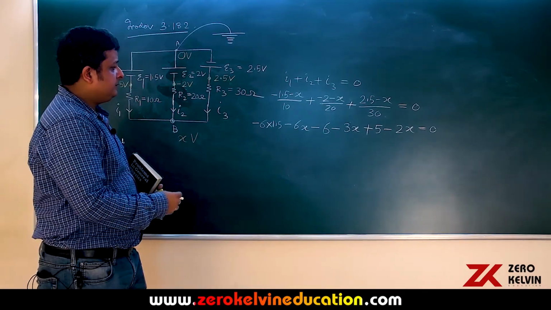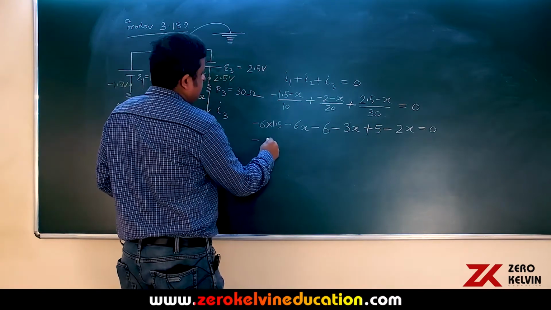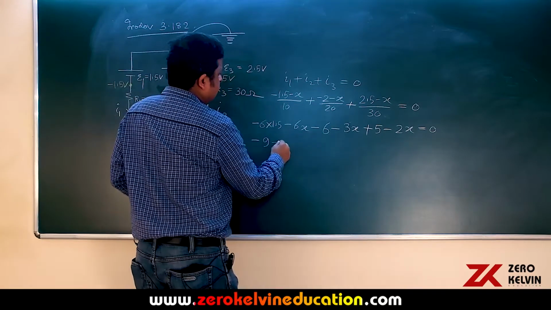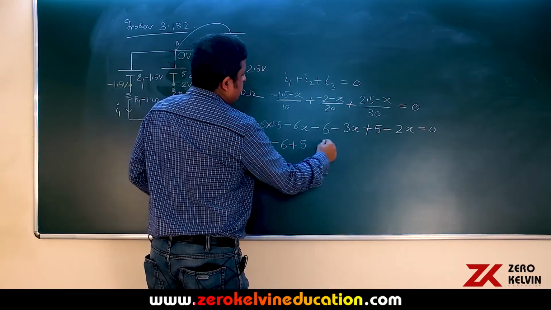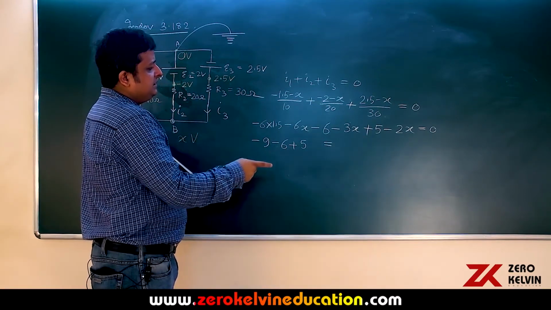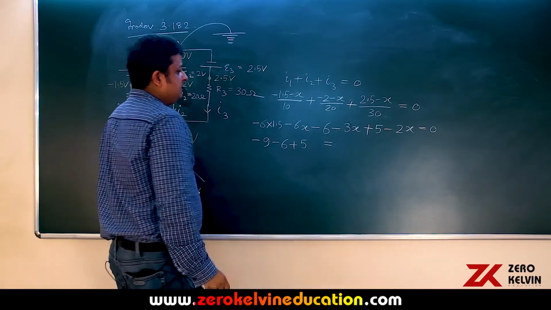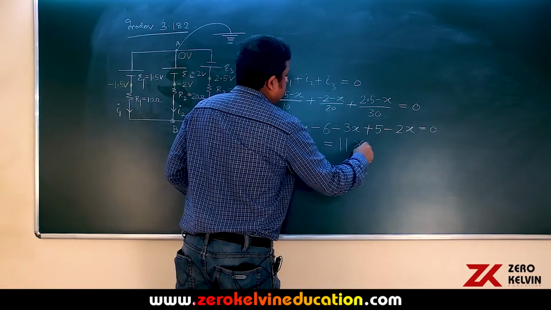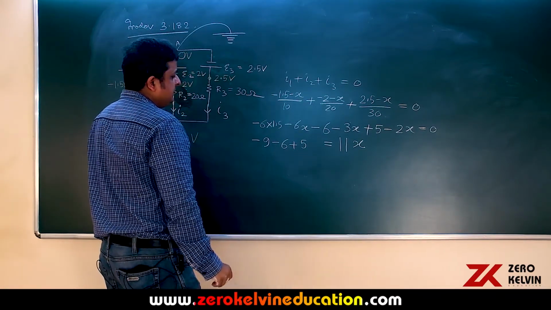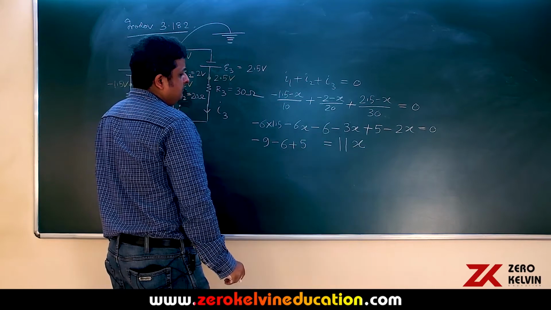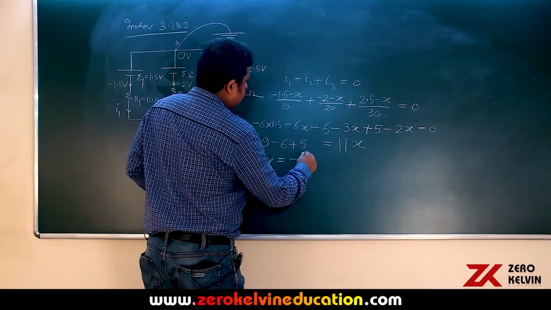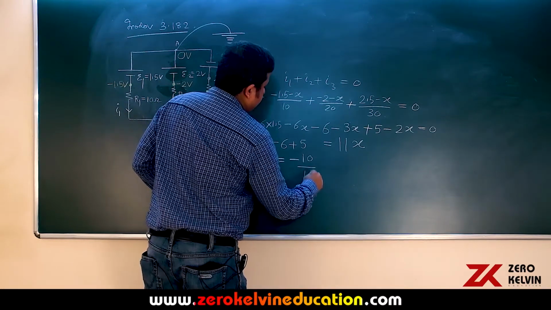So what do you have here? Minus 9 minus 6 plus 5 is equal to, here you have 6x plus 3x plus 2x, so 11x. This comes out to be minus 10, so x is minus 10 by 11.